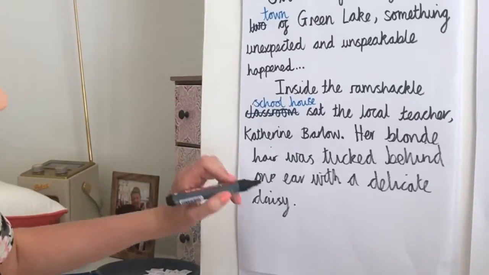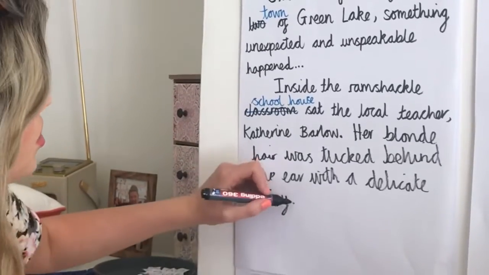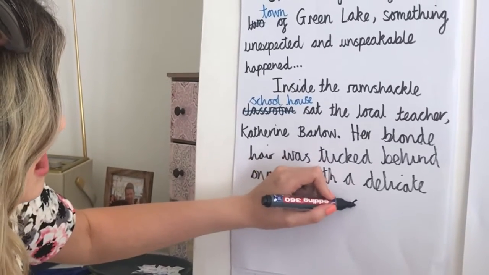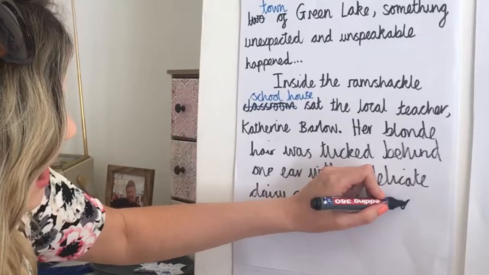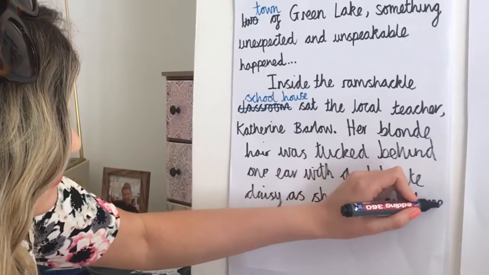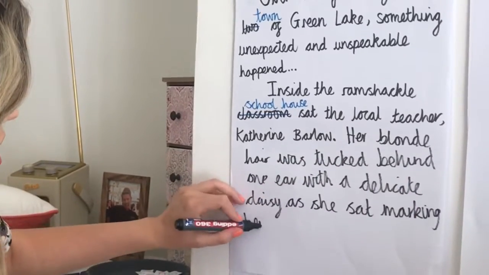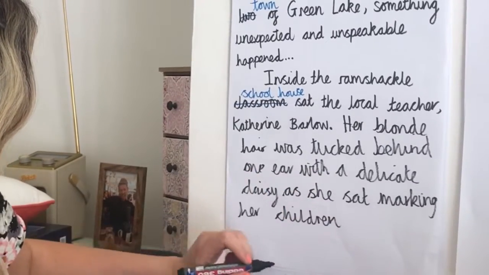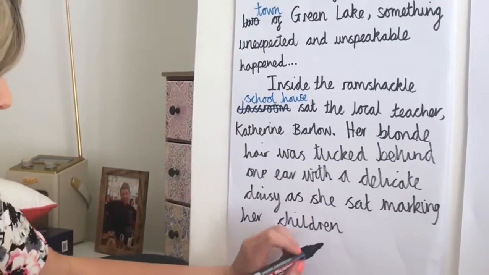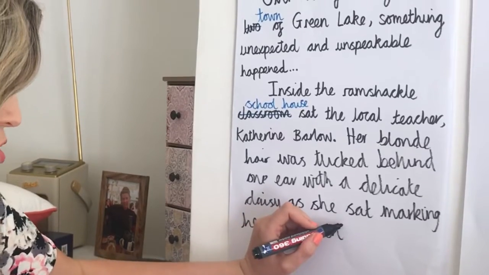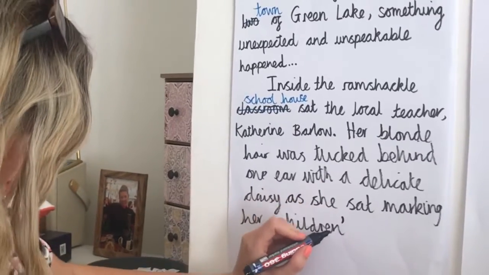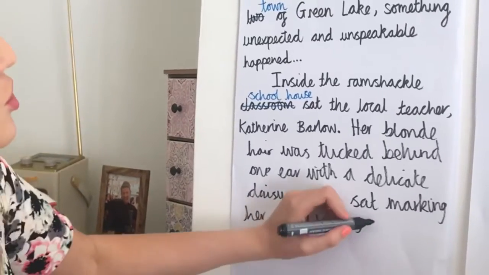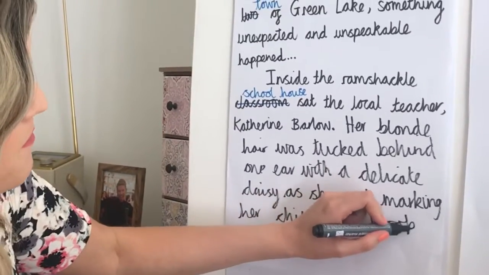I might continue this sentence and add a subordinate clause. As she sat marking her children's, the apostrophe, her children's books. The books belong to the children, so we put the apostrophe, so it's almost pointing to it belongs to the children's books.